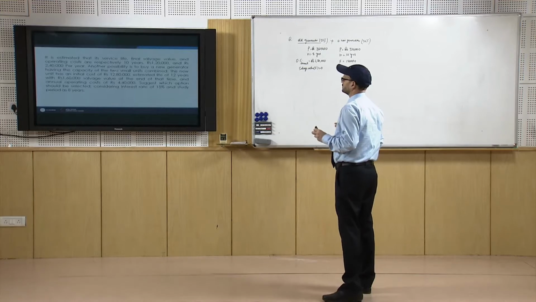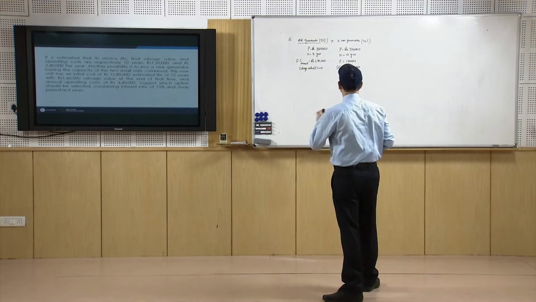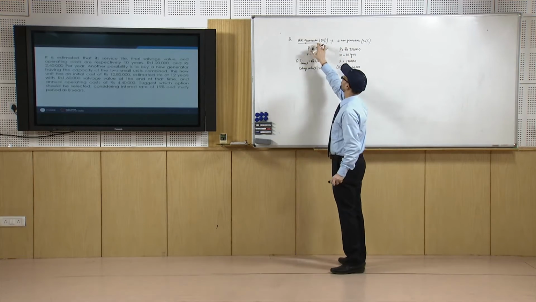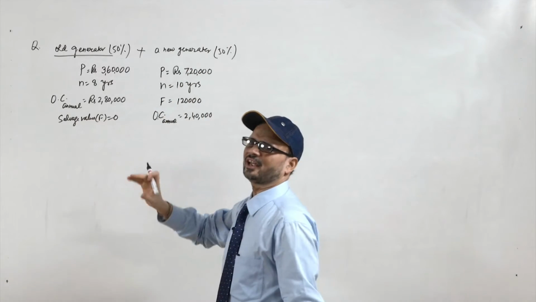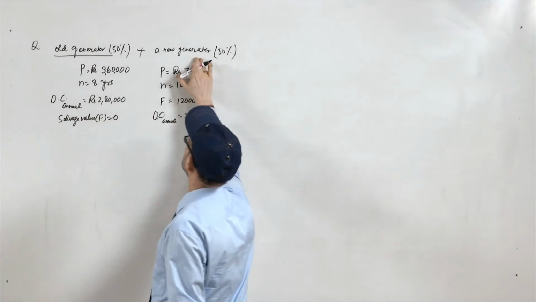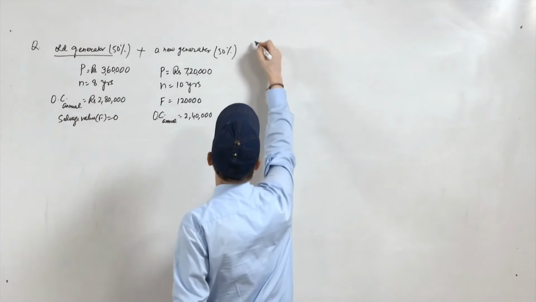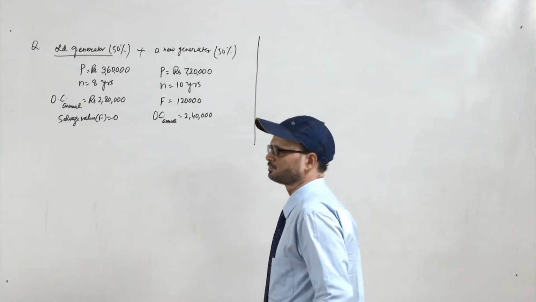So, this is the first option: you retain the old generator and take a new generator which will also supply 50%, and your demand will be met.